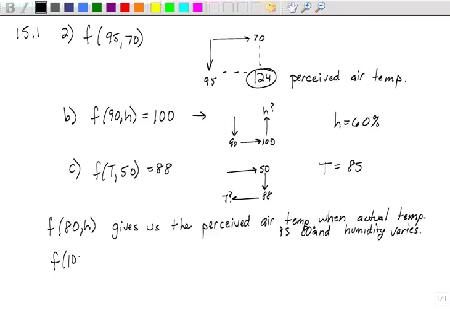And same for 100, it gives us the perceived air temperature when the actual temperature is 100 degrees, and the humidity varies.